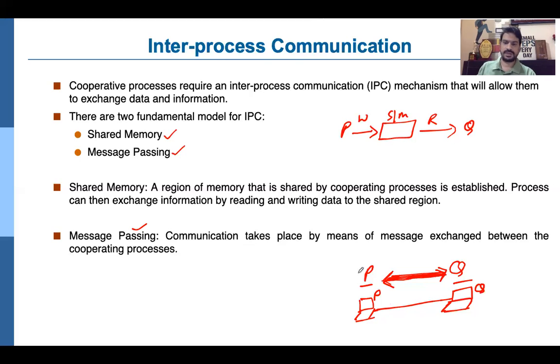So both are possible. P and Q may belong to the same system, or P and Q may not belong to the same system, but they can communicate with each other without sharing common memory. That concept is called message passing.